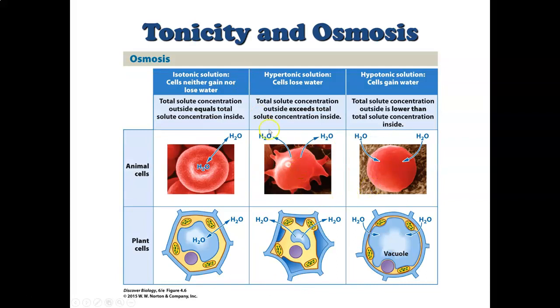So if you take a cell and you place it into an isotonic solution, right, the net movement of water into and out of the cell is about the same. So the cell maintains shape, whether you're talking animals or plants. What about this? If you're placing it into a hypertonic solution, the outside solution will be hypertonic, inside solution is hypo. The net movement of water is out of the cell, and the cell shrivels up.